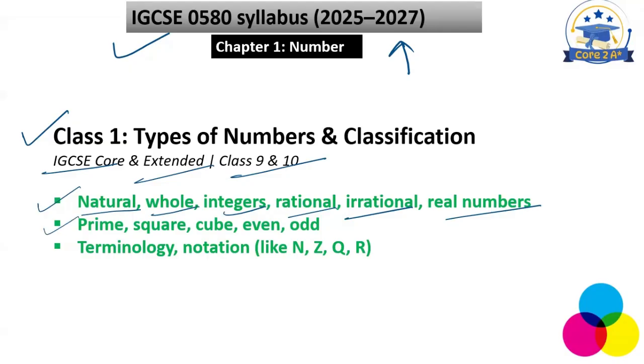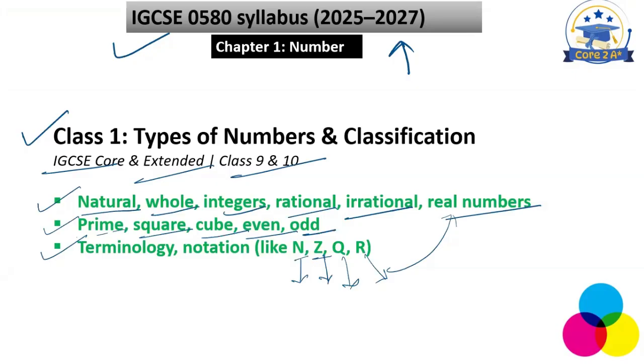Second, we will learn prime, square, cube, even, and odd numbers. Third, we will learn terminology and notation: N stands for natural number, Z stands for integers, Q stands for rational number, and R stands for real number.